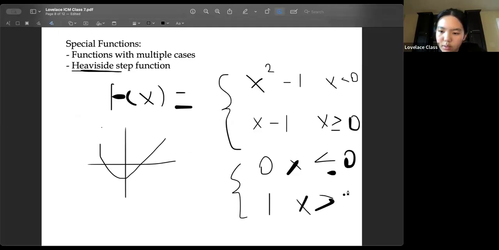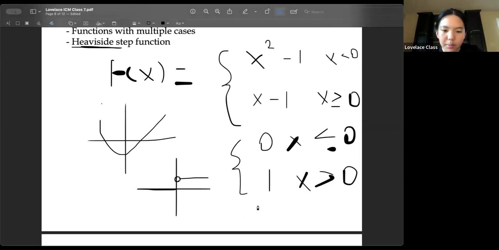So you might think, what's the use of defining this function? What does it look like? It's a straight line here, and then a circle here, and then it's just 1 for all the positive numbers.